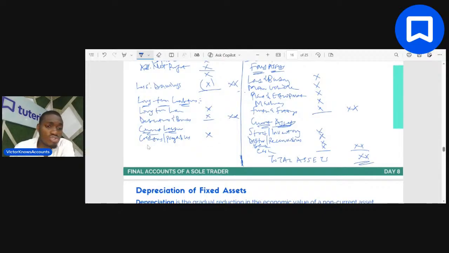Then we also have, let's say, short term loan. And then say accrued expenses, prepaid income. Don't forget, prepaid expense can also come here. But okay, this is what we do.